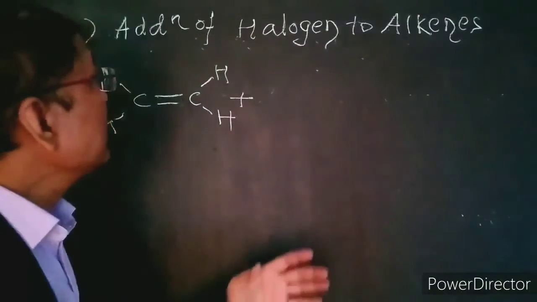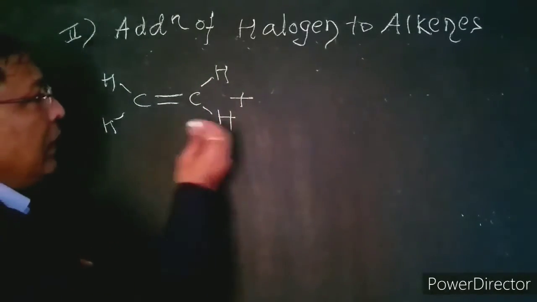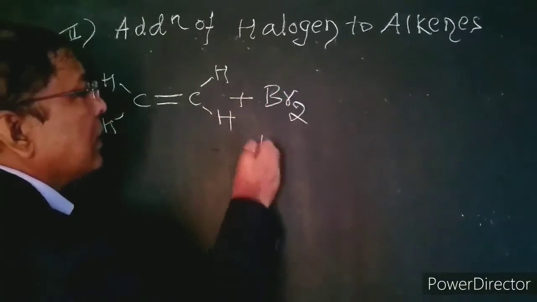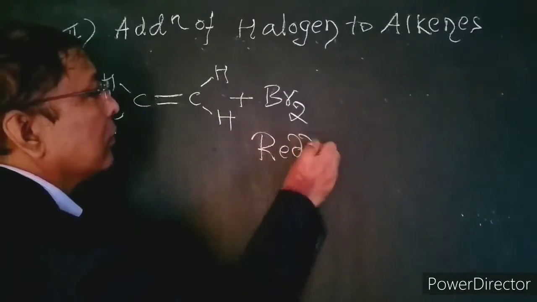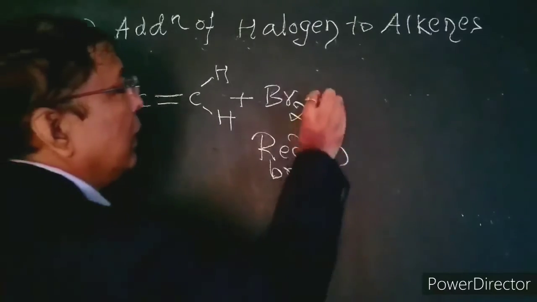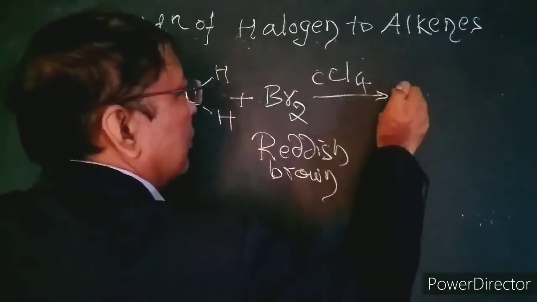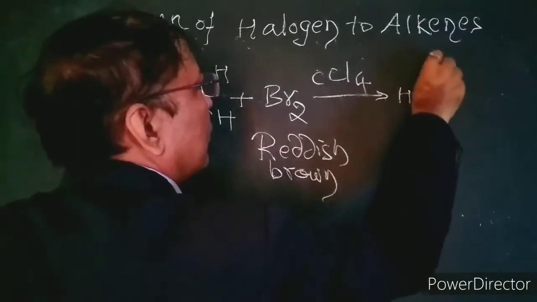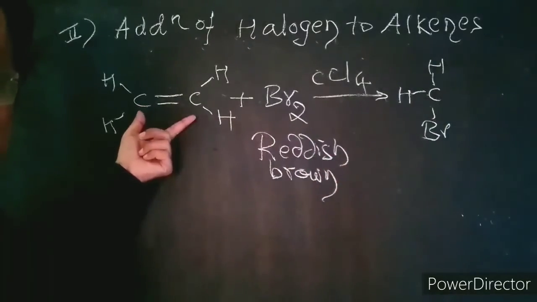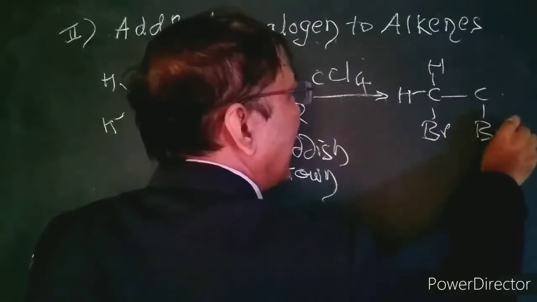Now let us see addition of halogen to alkenes. When ethene is added with bromine, bromine is reddish brown in color. In presence of carbon tetrachloride, two bromine atoms are added across the double bond, and we get a vicinal dihalide.